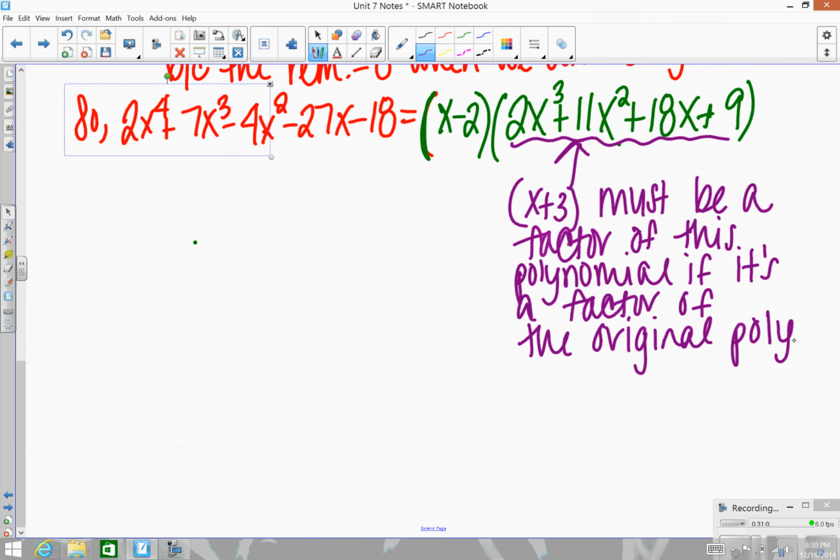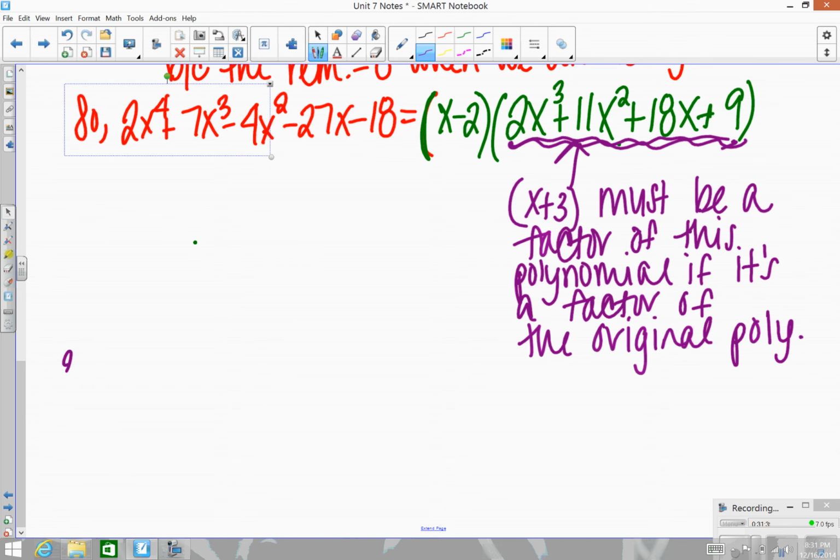Because what the question asked was for us to show that x minus 2 and x plus 3 were factors of the entire thing. And if I'm showing that when I take out the factor x minus 2, I'm left with this, that means that x plus 3 has to be a factor of that expression. So instead of showing that x plus 3 is a factor of the original, I'm going to show that x plus 3 is a factor of what I'm left with, because it has to work in there in order for it to be a factor of everything, since I already took out the first factor that had to work.